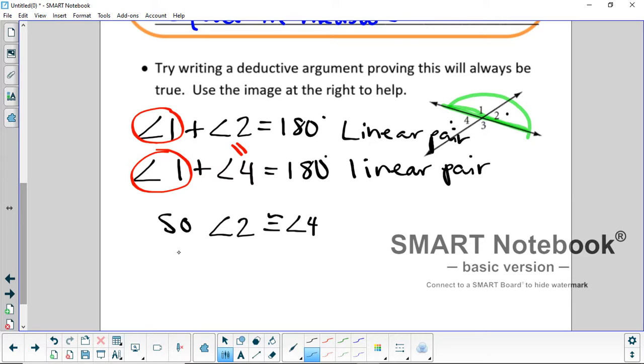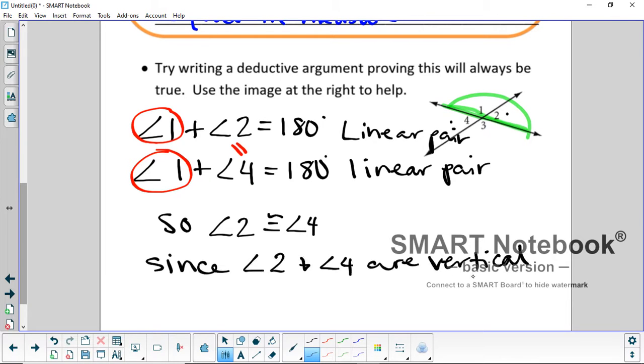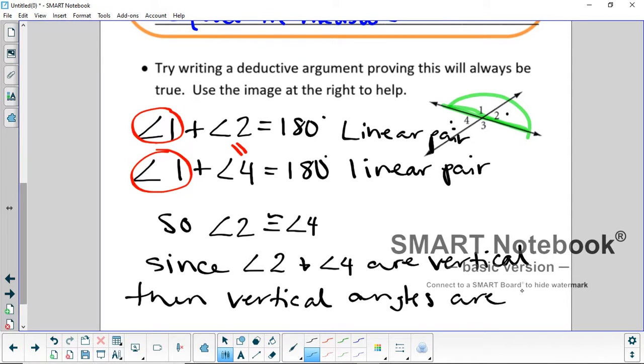And angle 2 and angle 4 are vertical angles. So right here, because of the linear pair conjecture, we were able to state that vertical angles are always congruent to each other.